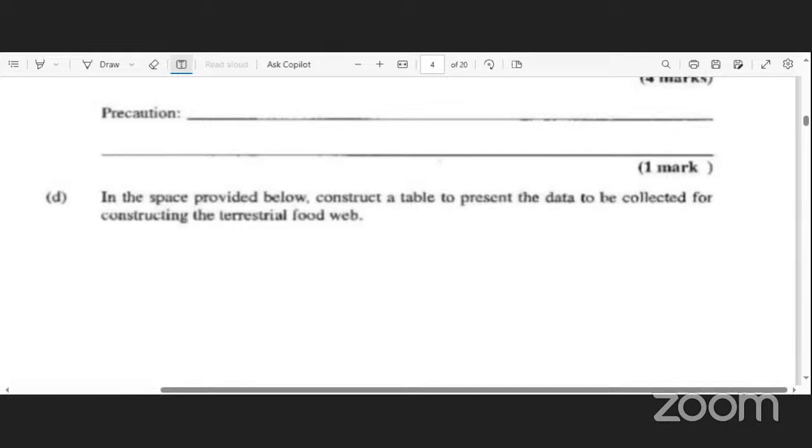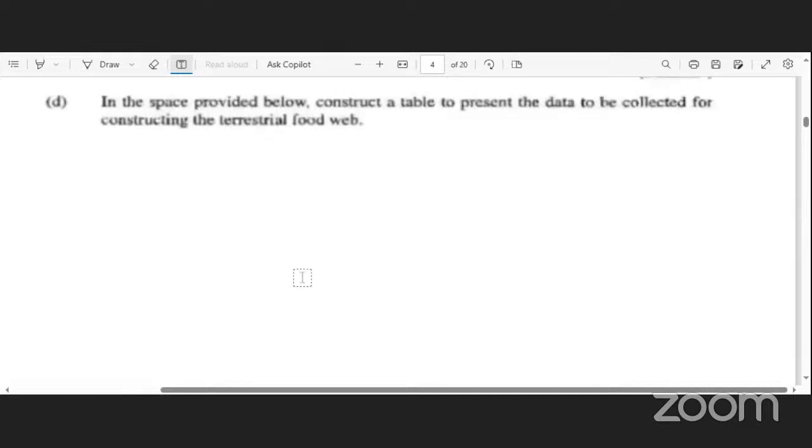But if you did not use a brightly colored tag for the organisms, then when you go to the area, you'll not be able to see the organism. You can't use black as a tag in the Lincoln Index. All right. Don't squeeze fragile animals as it could kill them. Okay, nice. So we have a whole lot of precautions.